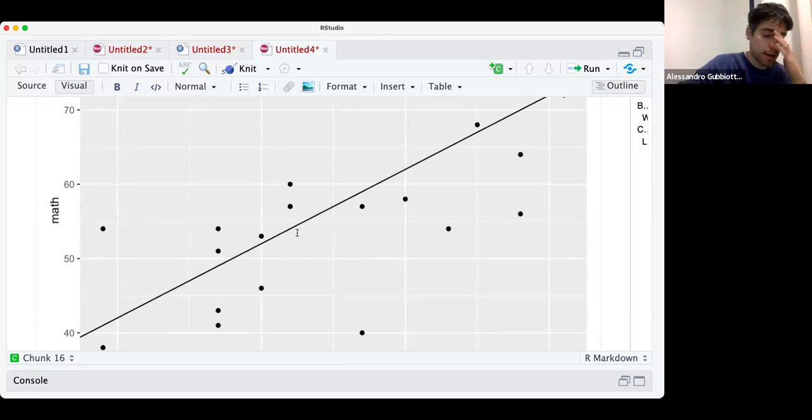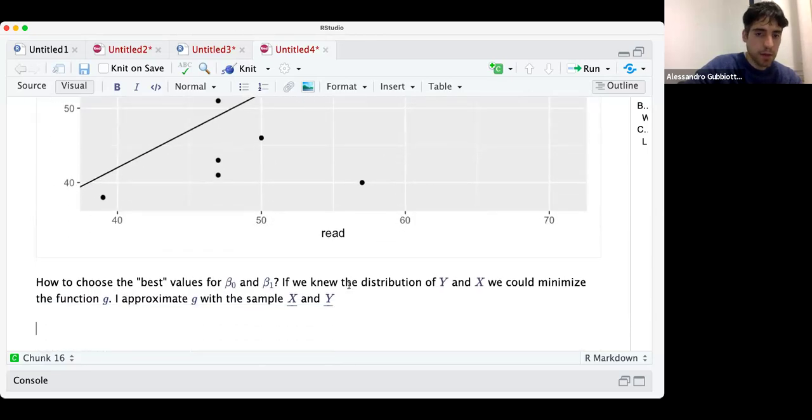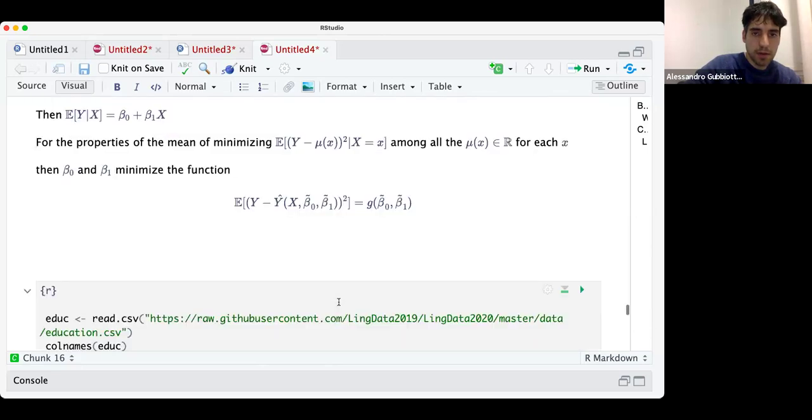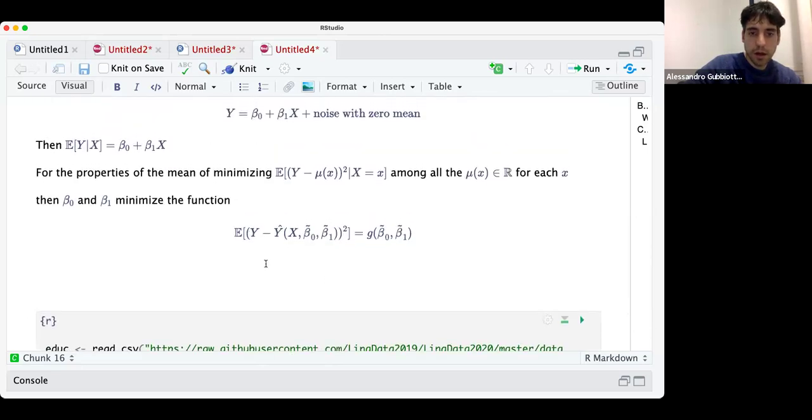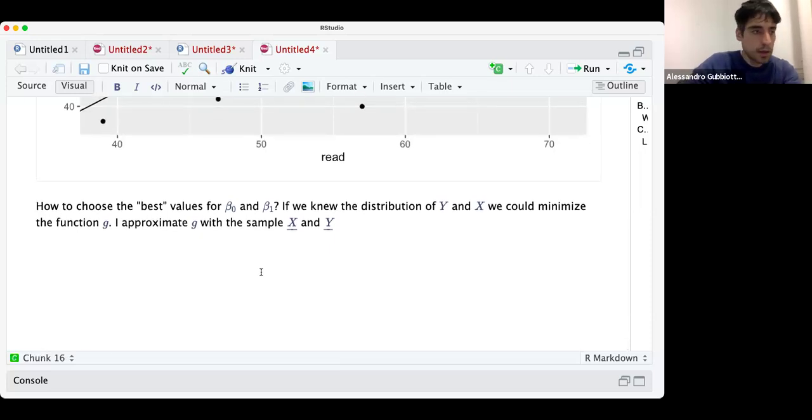You can think that there is the whole abstract population of students that have these reading and math scores, and here it's only a sample of them. Now, how can we approximate this function? I take the sample, which was x1 up to xn, a vector of n components, and n is the sample size.